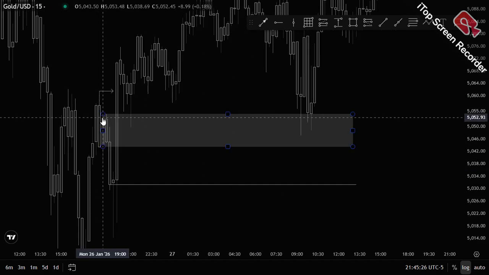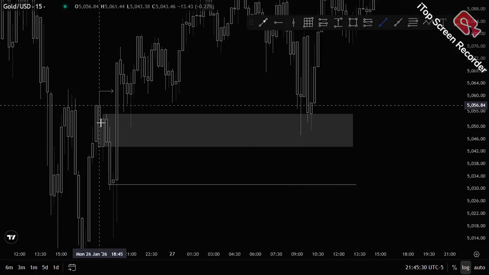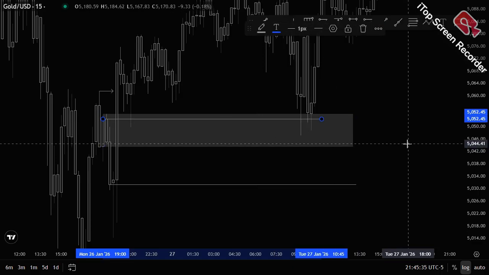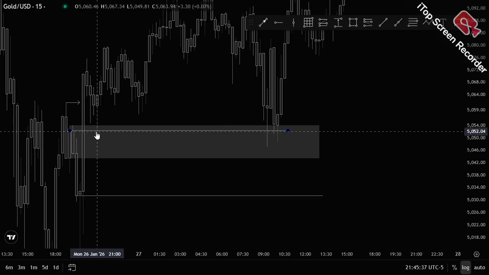So this A-shaped level should initially be our first entry. This is the entry I missed. This should initially be our first entry.